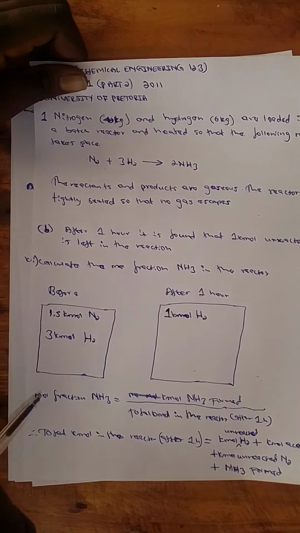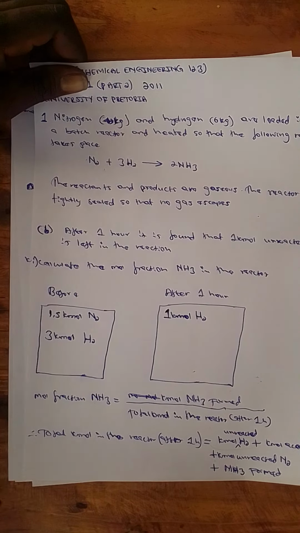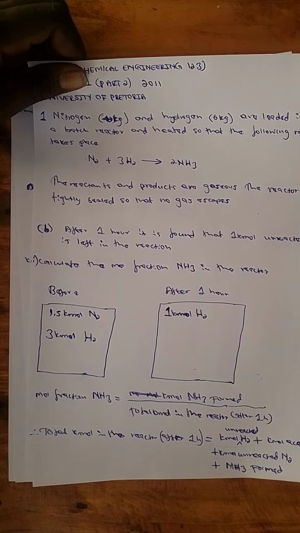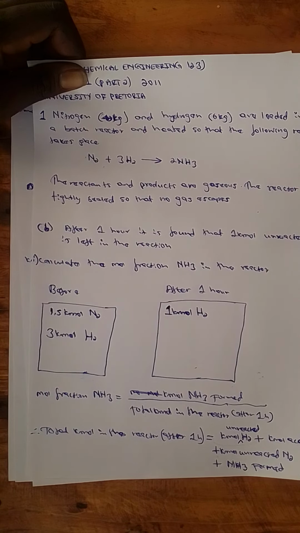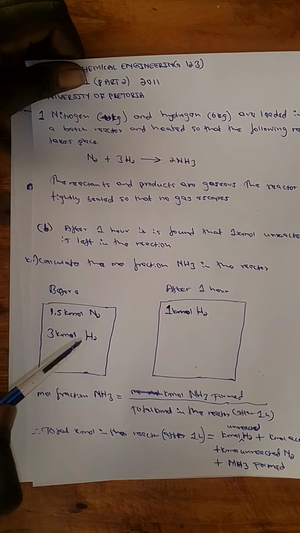Remember, the 3 kilomole H2 was theoretically expected to all react, but we are told that 1 kilomole did not react. By extension, that tells us that 2 kilomoles of H2 reacted.